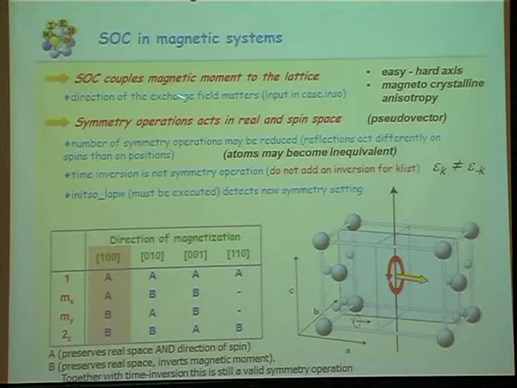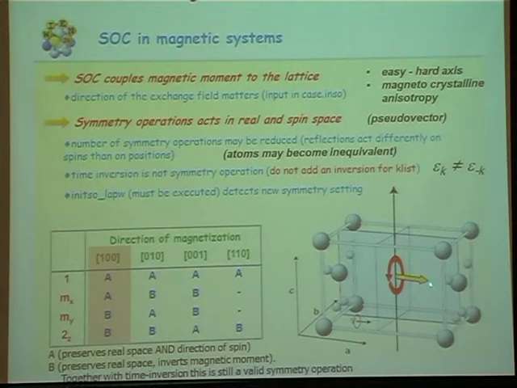Because the symmetry operations now act not only in real space, but also in spin space or magnetic space. And magnetism does not behave, in terms of symmetry, like an arrow plotted like this, but it behaves like a pseudovector. What is a pseudovector?